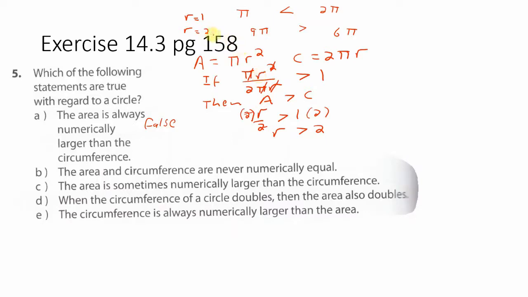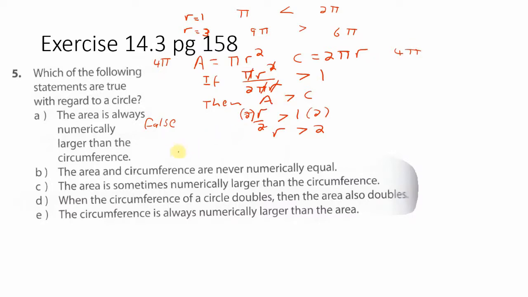We actually showed here the radius is equal to 3, not 2. So if the radius is 2, let's see what our results will be. We have 2 squared, which is 4, so we have an area of 4 pi. Whereas if we replace the radius for the circumference with 2, we have 2 times 2, which is also 4 pi.